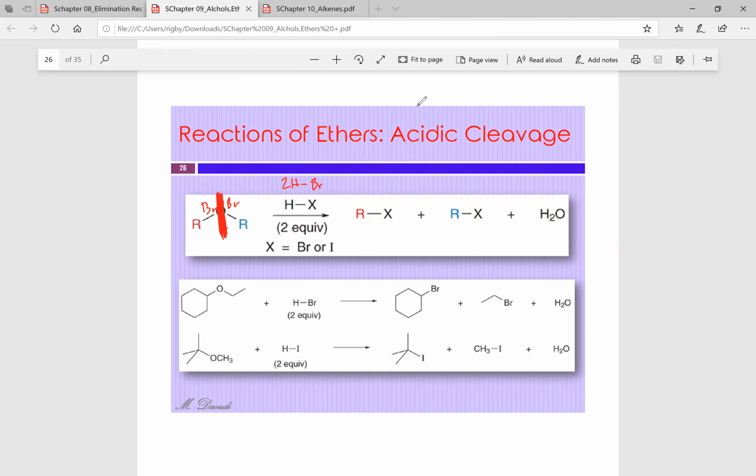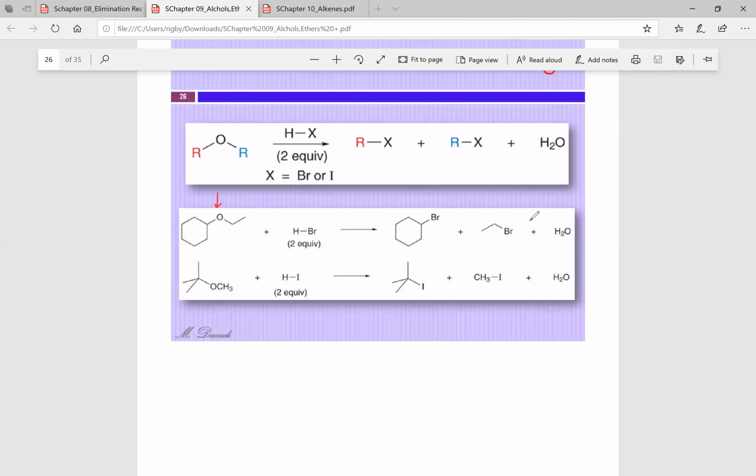We need two equivalents because we're converting this lone oxygen into an H2O, and we're making two alkyl halides by replacing that oxygen, where those two halogens come from the two equivalents of HBr, HCl, or HI.